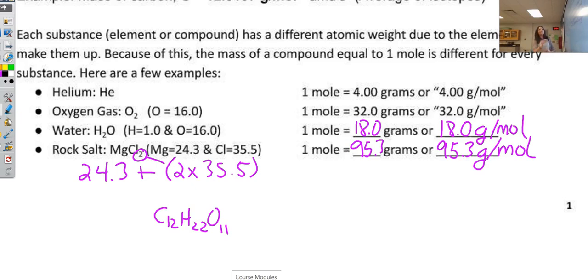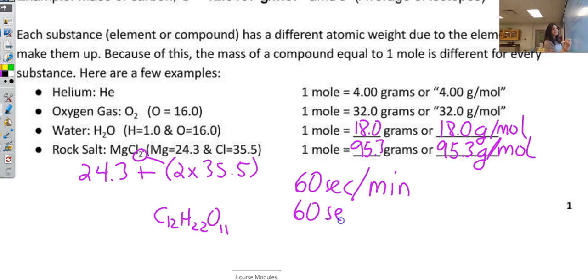Last thing is this. When you look at anything that has a slash in it, for example, I could say 60 seconds per minute, okay? This slash right here could actually be an equal sign. In other words, this is the same thing as saying 60 seconds equals minute. If there's no number in front, what is it? 1. A 1. So that means 60 seconds equals 1 minute. There's another way of writing this.